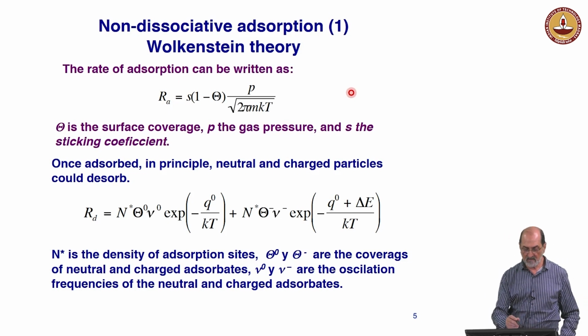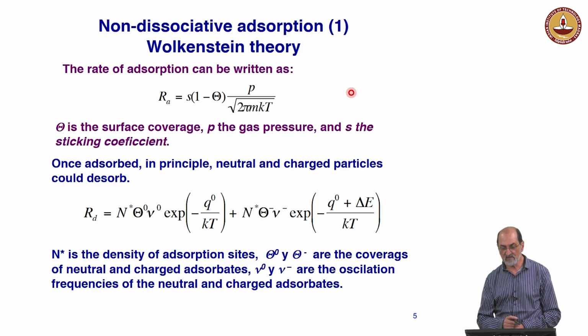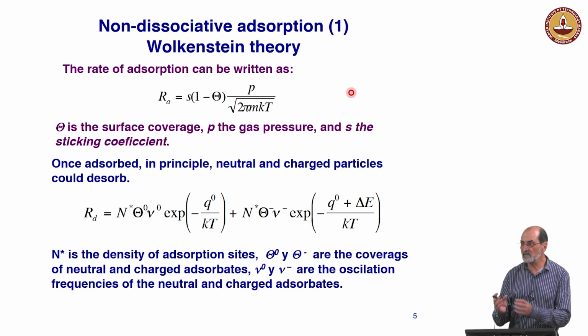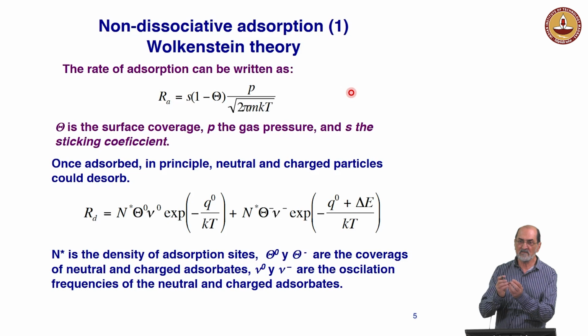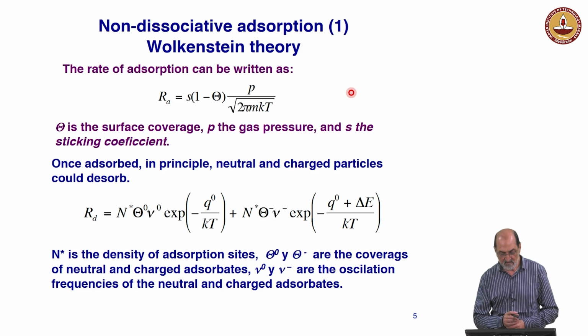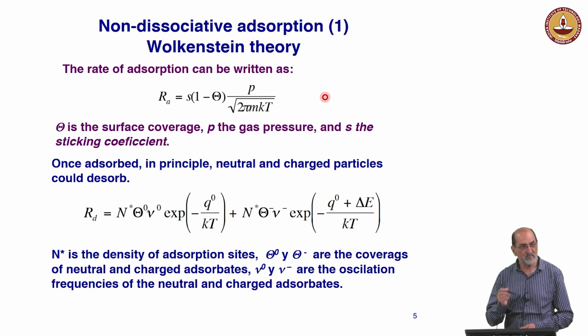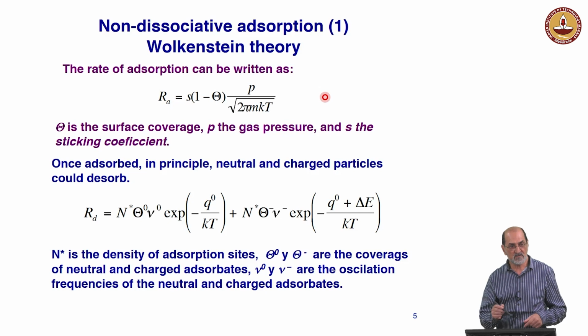Like I say, we are going to do this with non-dissociative absorption. That is, non-dissociative absorption as I'm considering that the molecule or an atom absorbs on the surface, and that's it, and it dissolves as it absorbed. This was done by Falkenstein. I'm repeating what he did. So the rate of absorption in the surface has to be proportional to the number of atoms that are impinging on the surface.